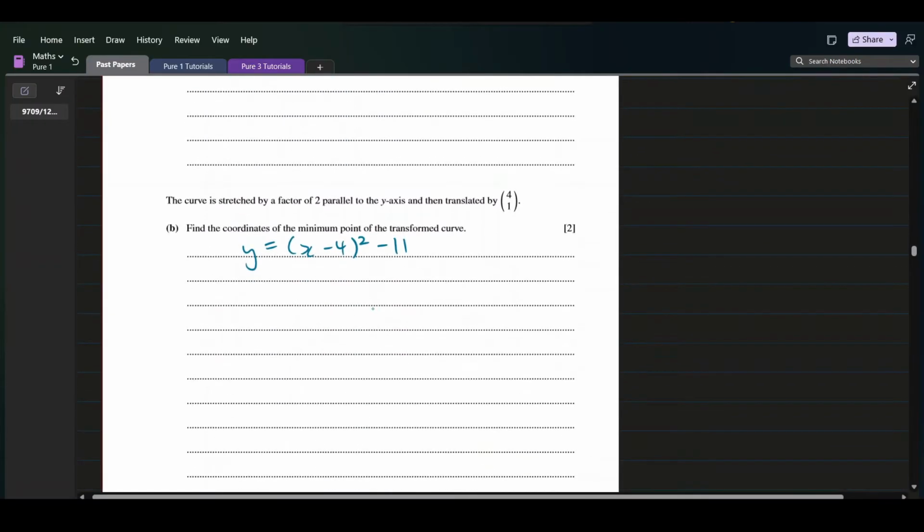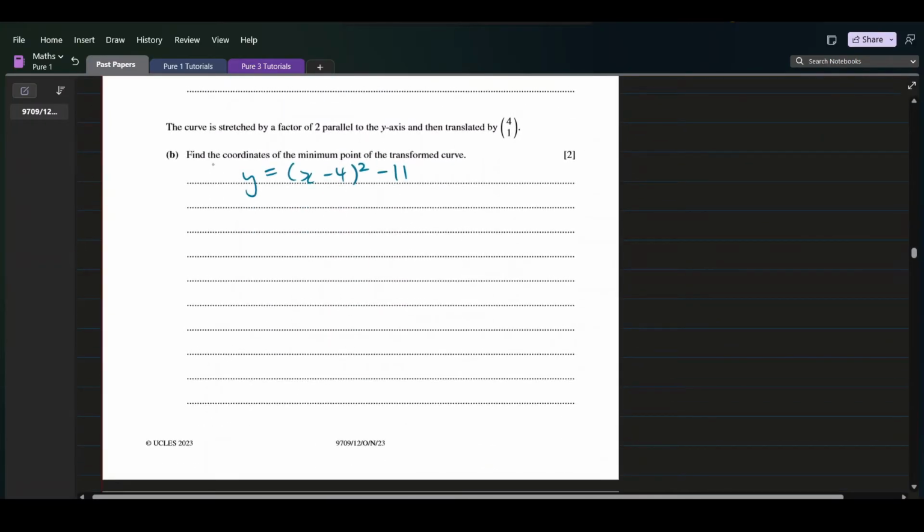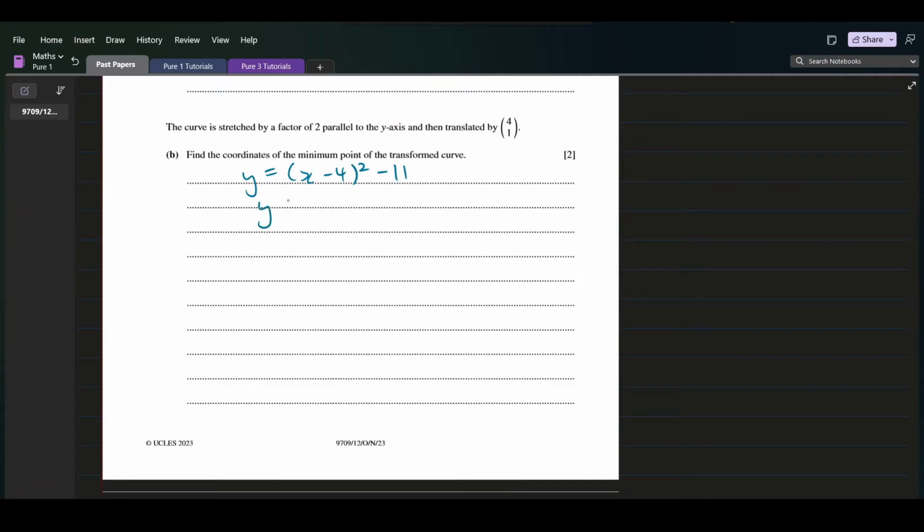The first transformation is a stretch by factor 2 in the y direction. So let's apply that stretch: we multiply our whole function by 2. Let's simplify this. This is y equals 2 times x minus 4 squared minus 22.